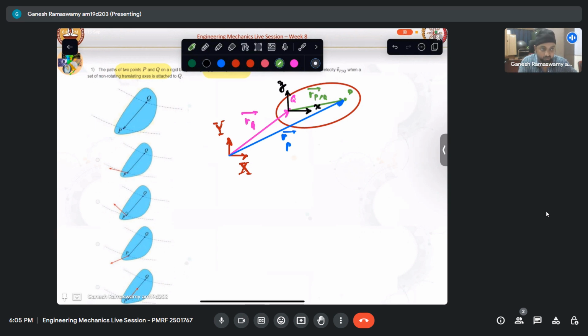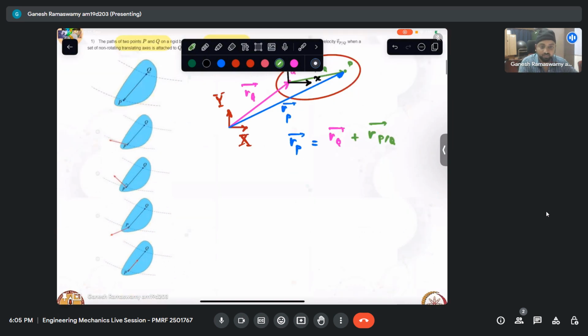So from the simple law of vector addition, I can write rp is nothing but rq plus rp with respect to q. Now that I have written the position vector, I can take the time derivative and get the velocity vector. So that implies that the velocity of p is nothing but the velocity of q plus the time rate of change of this vector, whole dot.